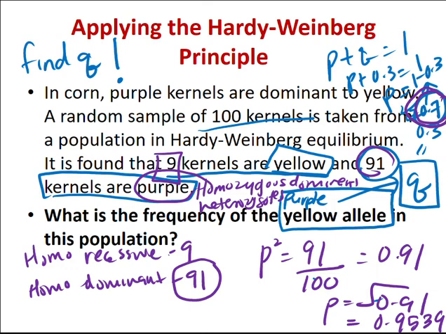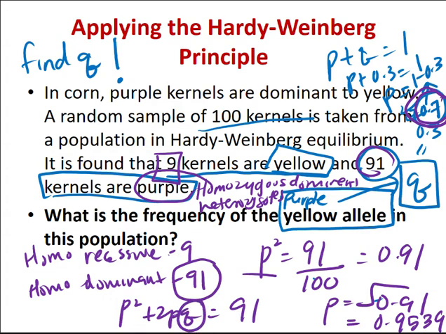So heterozygous kernels are also purple. So that is why it's wrong to assume P squared is 91 over 100, because it's actually P squared plus 2PQ that is 91. So like it or not, you still have to find this value.